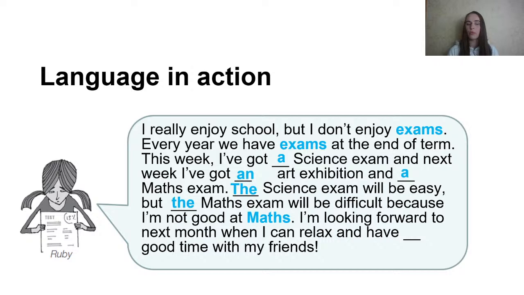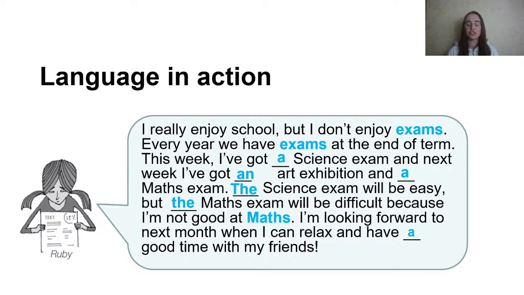So I'm looking forward to next month when I can relax and have what? What about the last gap? 6. That's right, I can relax and have a good time with my friends. Pay attention.